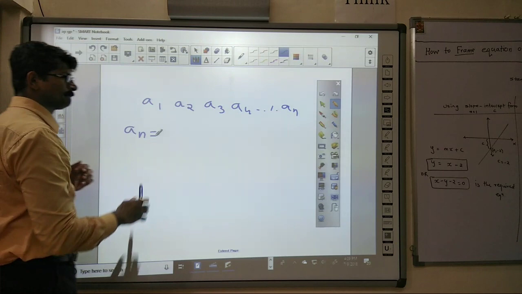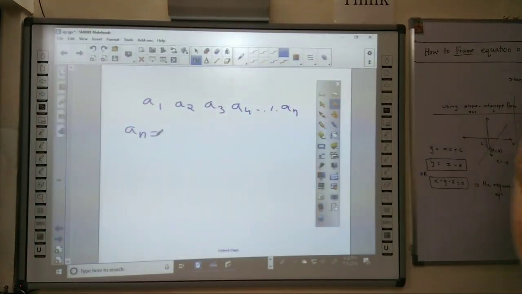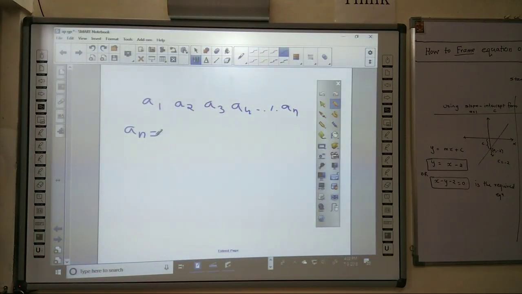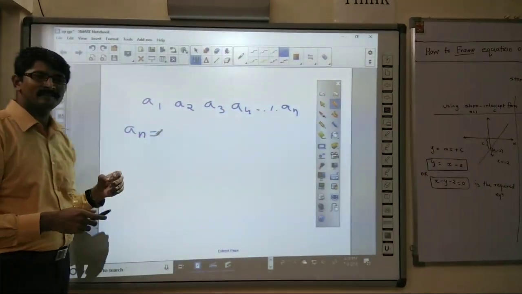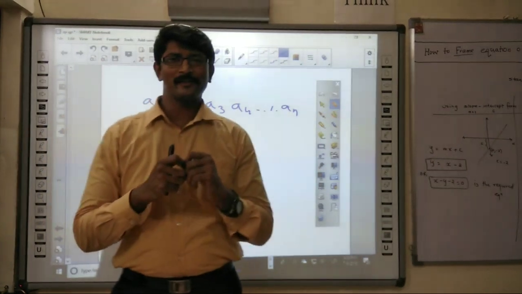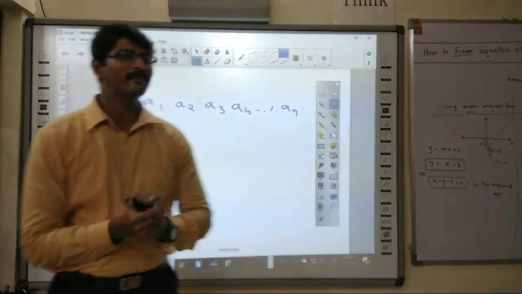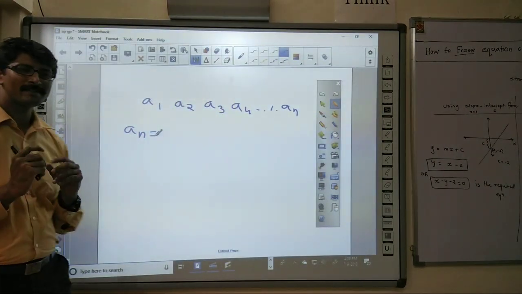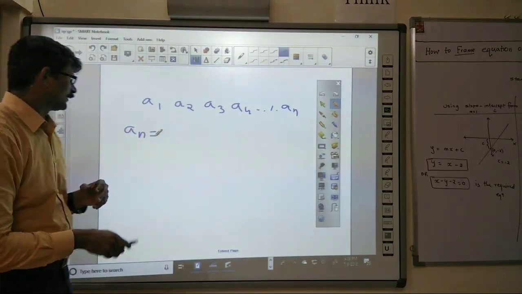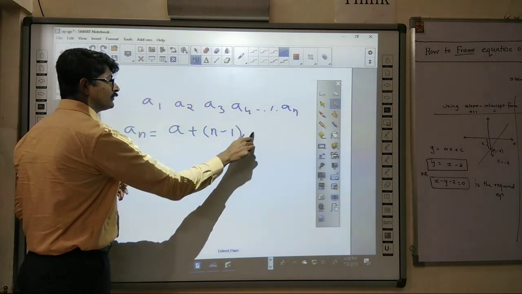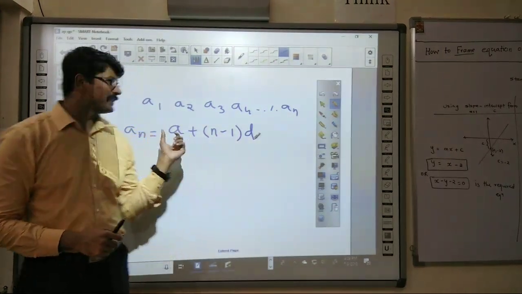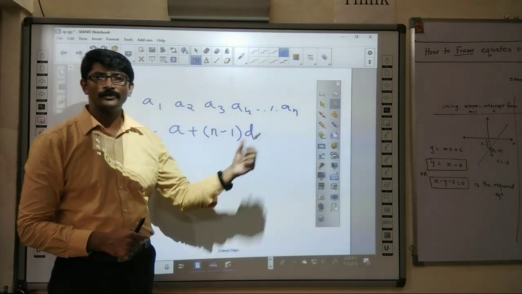AN is nothing but the nth term, and in mathematics we have a simple one-line formula to find it. It is A plus n minus 1 into D.